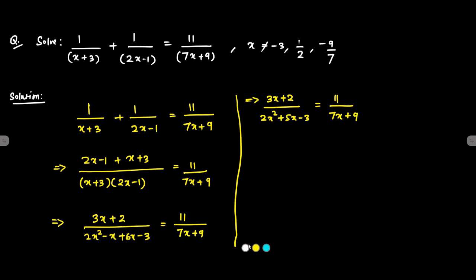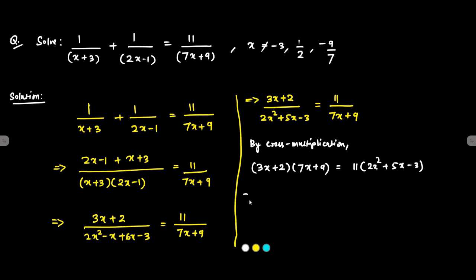Here we'll perform cross multiplication. So by cross multiplication we have 3x plus 2 into 7x plus 9 is equal to 11 into 2x square plus 5x minus 3.